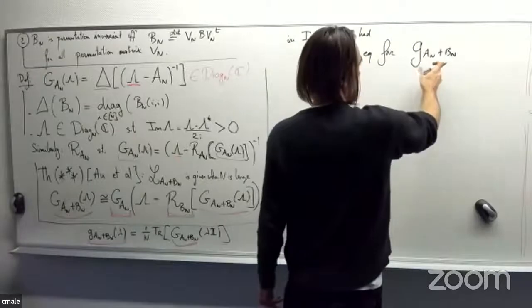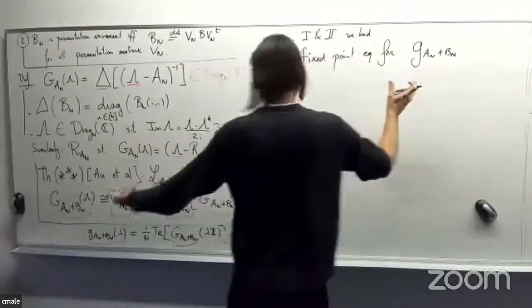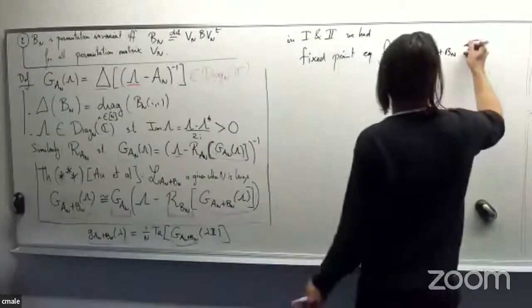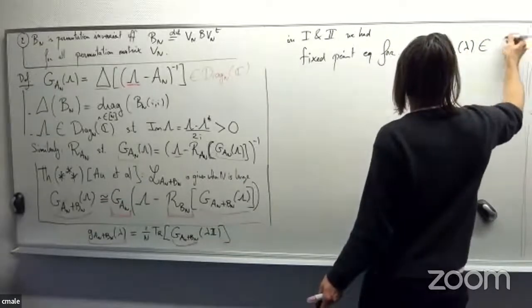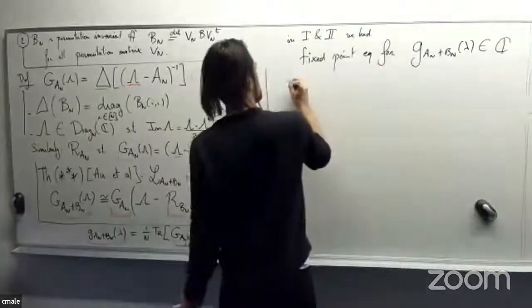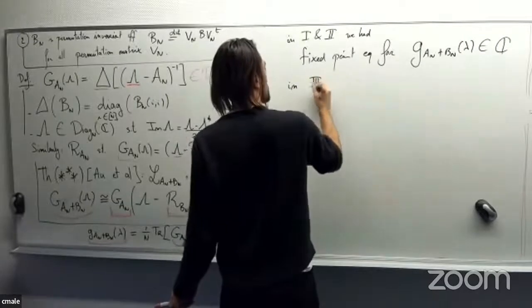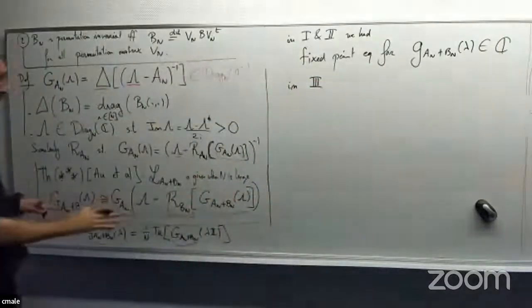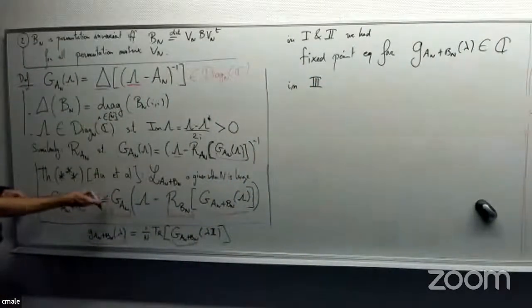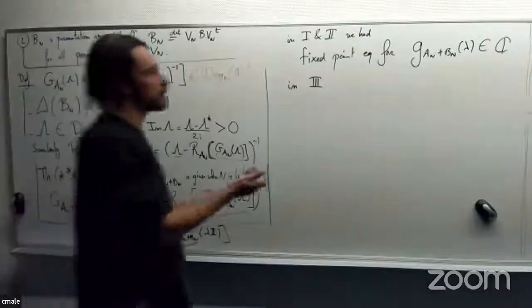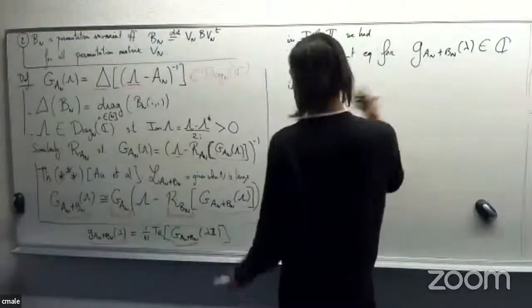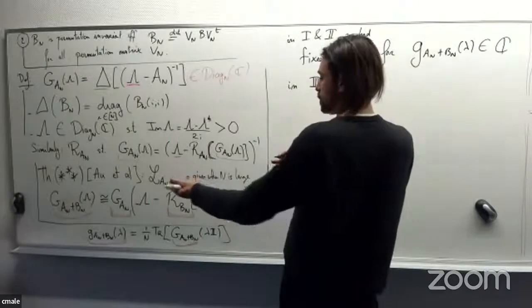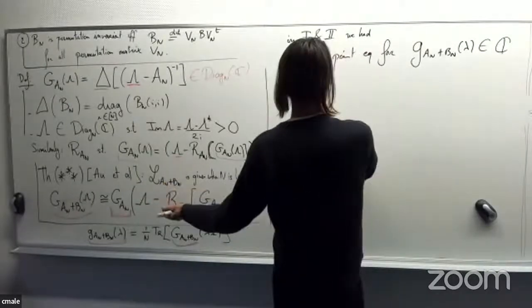So I write it as an equality for the limit. And this thing belongs to the set of complex numbers. In 3, as you mentioned, I'm less precise. I just use this symbol because I have a fixed point equation which is true in the limit in some sense for the generalized Stieltjes transform.